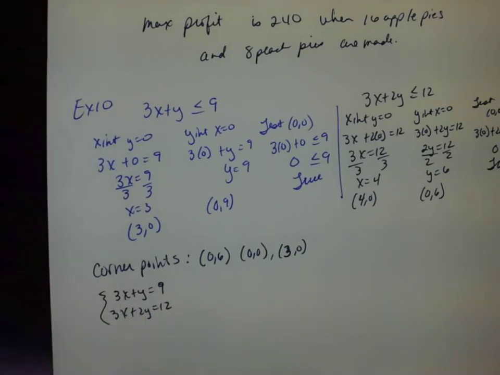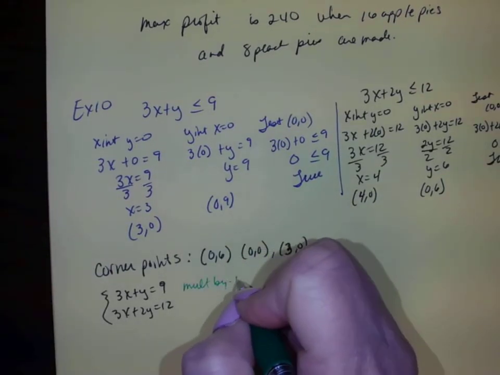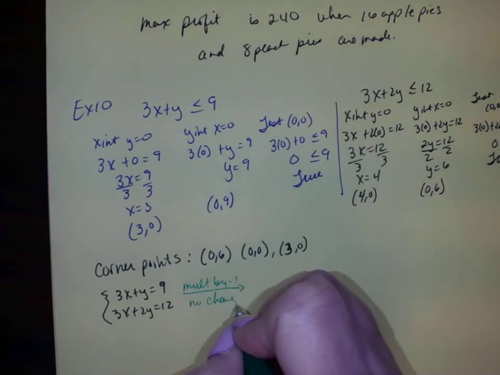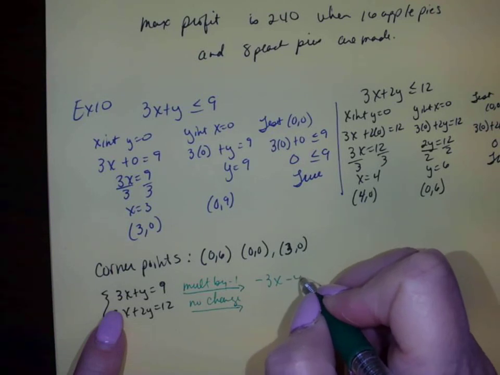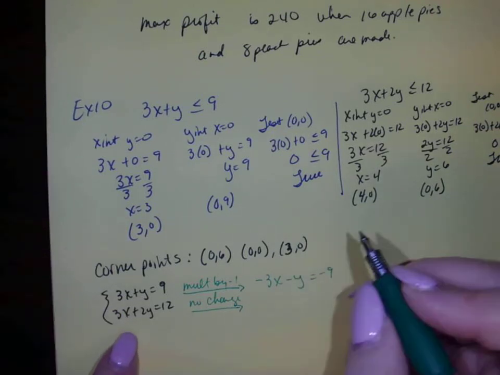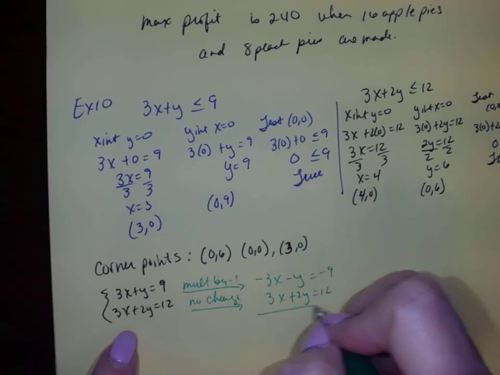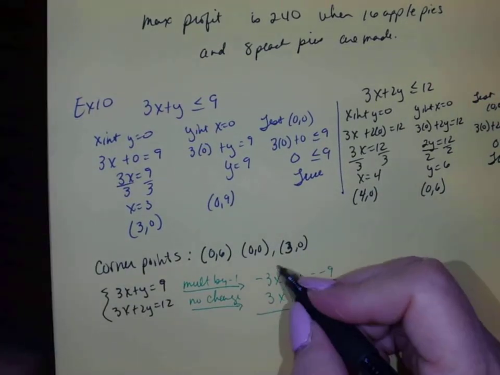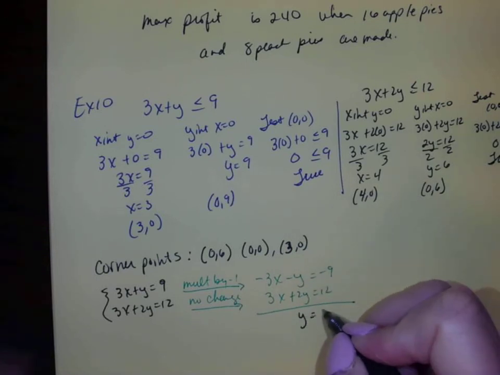So if I multiply the top one by -1, and do no change on the bottom one, on the top I would get -3x minus y equals -9, and on the bottom I have 3x plus 2y equal to 12. So now when I add these, the x's cancel, and I get 1y equal to 3.